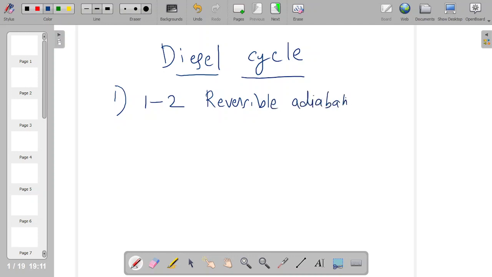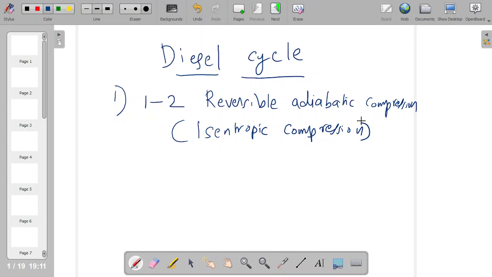That is the same as the Otto cycle, which is also known as isentropic compression, because when a reversible process happens adiabatically, its heat will be 0, and we have ds equal to dq by T for a reversible process. So the entropy change will be 0. That means entropy is constant, and therefore it is known as an isentropic process.